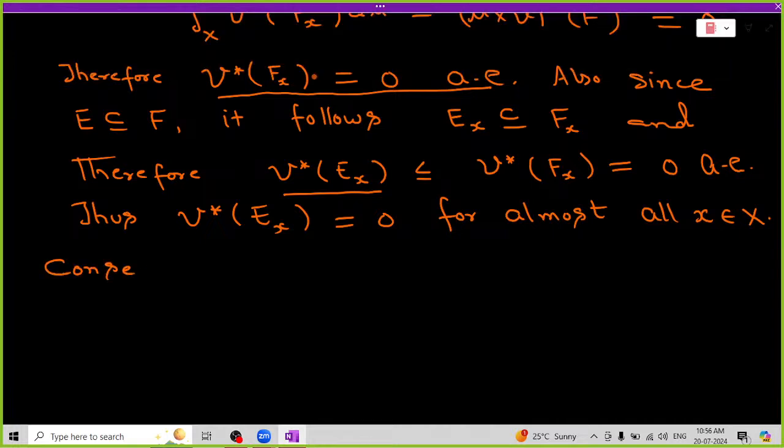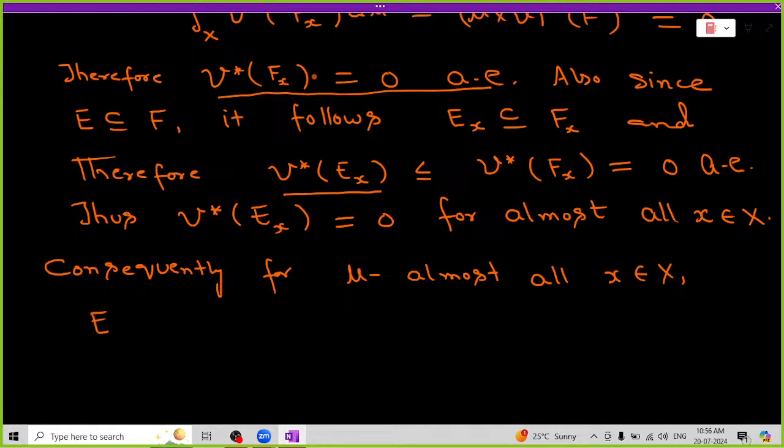Consequently, for mu almost all x's in X, the x section of E, because for almost all x's nu star of the x section is 0, that means for almost all x's the x section is measurable, because its outer measure is 0.